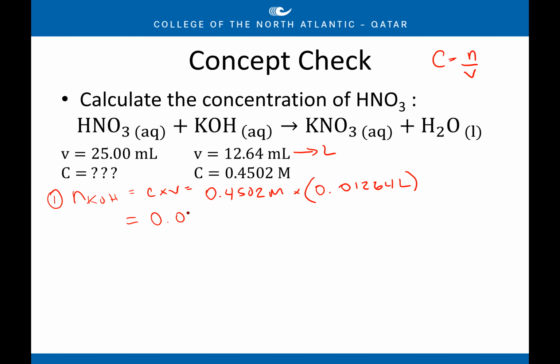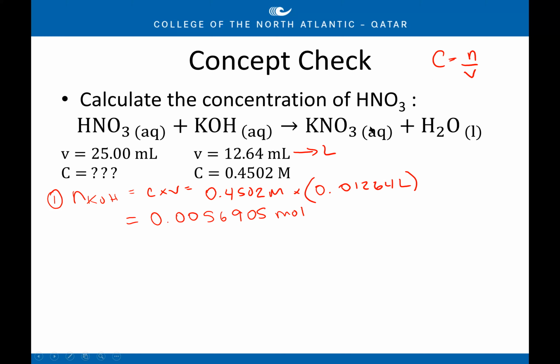I get 0.569, let's say 0.5690 moles. I'm going to write a couple extra significant figures. I can only have 4, but I'll write an extra one just in case.